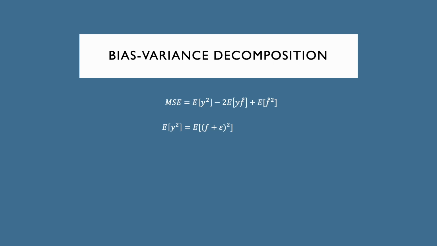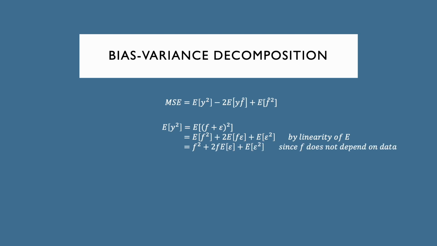Now y is a real world data value, so it would follow some function f of x plus some irreducible error that I was talking about that gets introduced into real world data. Now if we open that up, following the linearity property, this is what the equation would look like. It's the expected value of f squared plus 2 times the expected value of f times the error, plus the expected value of the error squared.